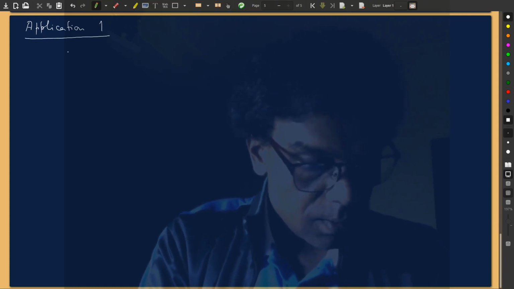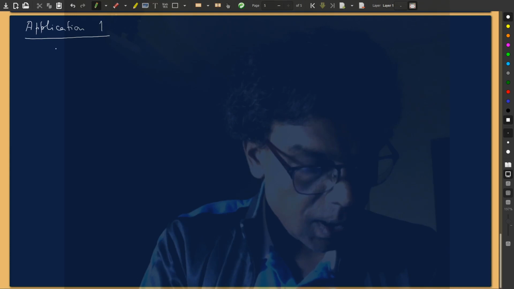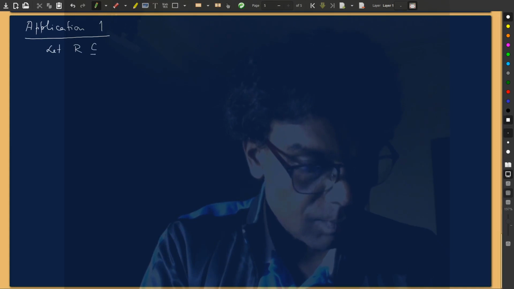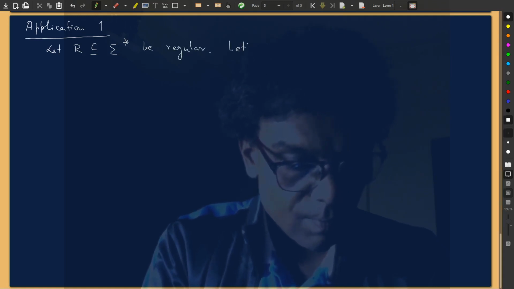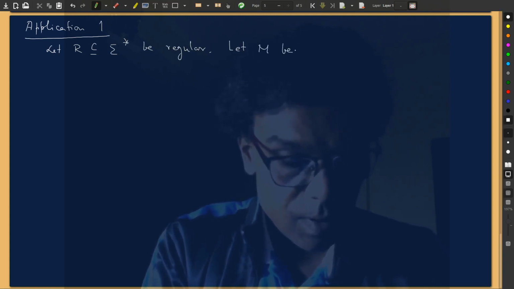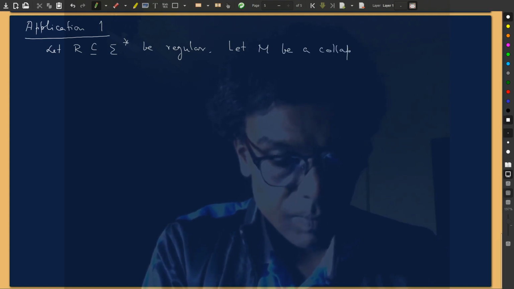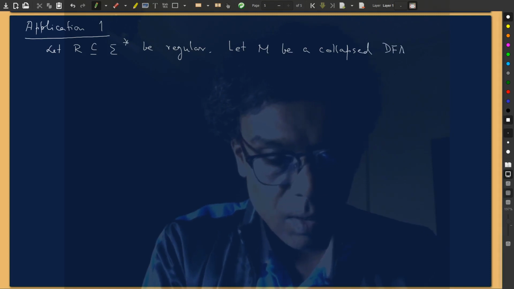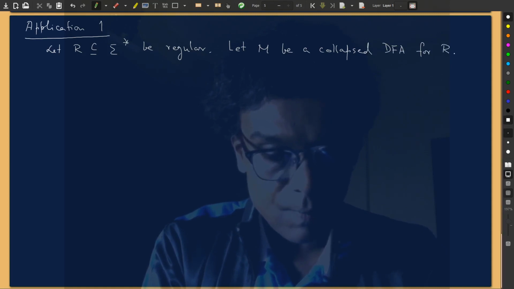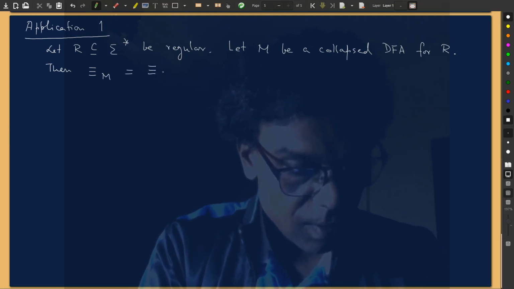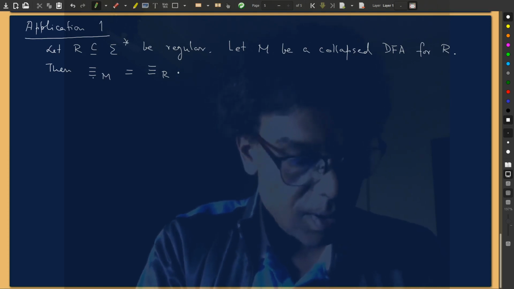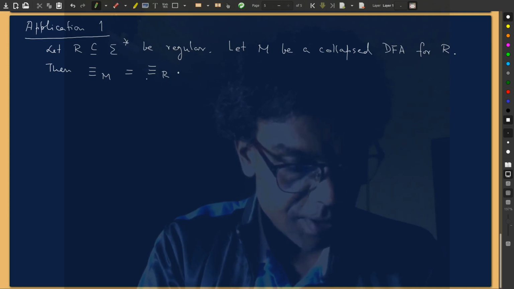Let R be a regular language, and let M be a collapsed DFA for R. Then if I define this with respect to this, then this is same as R. So this says that the collapsed, minimized DFA is defined essentially by this relation, which is independent of any machine.